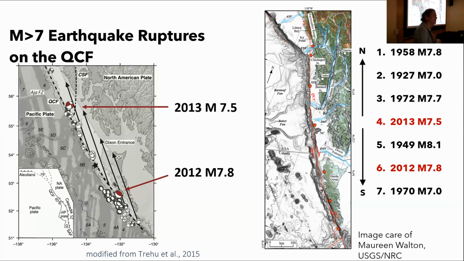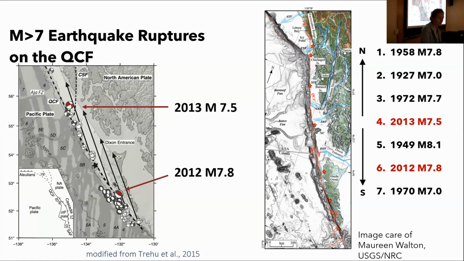But these recent events reinforce this idea that there's some amount of convergence that has to be accommodated along the plate boundary. In this case, via a rather large earthquake that generated a very small tsunami in 2012. And that systematic change, from higher convergence in the south transitioning to lower convergence or more normal strike slip behavior in the north, makes this a really interesting place to study that tectonic expression along the fault, okay?